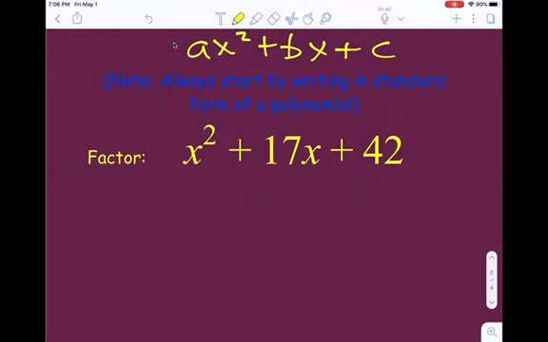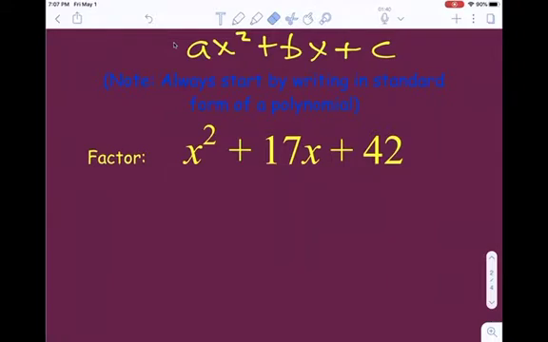Once you have it like that, the next thing you do, and you're not going to really see this in any of the ones we do in the first few videos, is you look and see, is there anything I can factor out of all these terms? If you look at that, not really, because the greatest common factor between those three is 1, and that's not going to help us with anything.